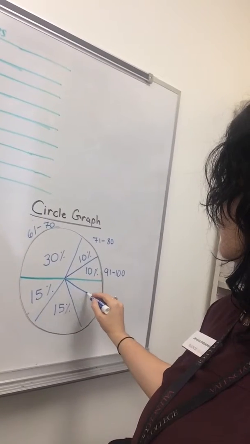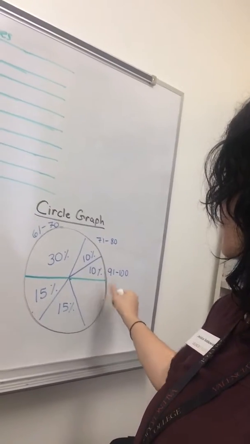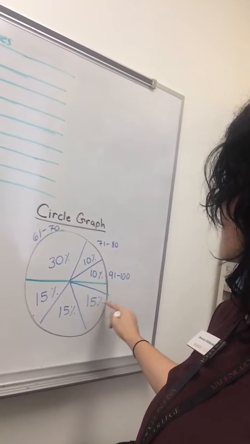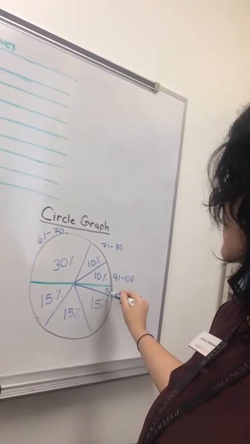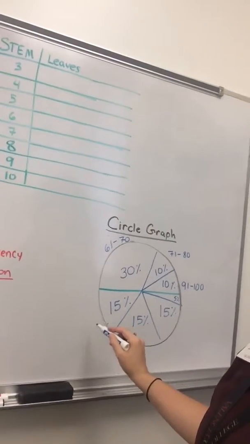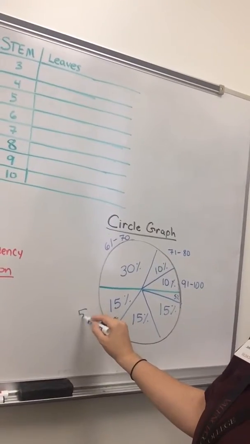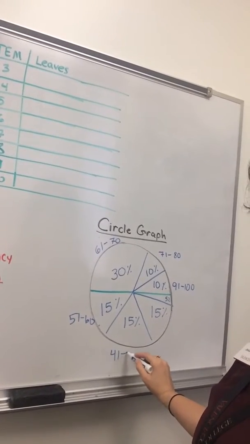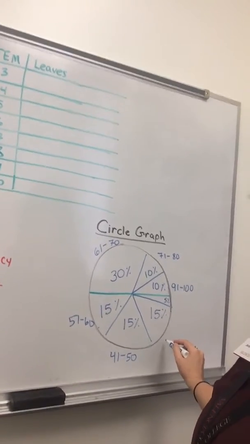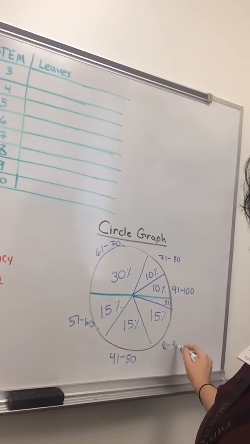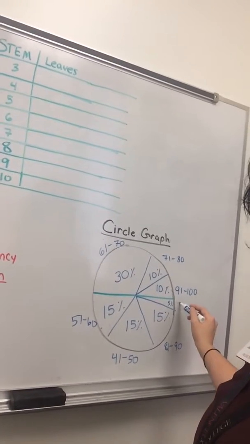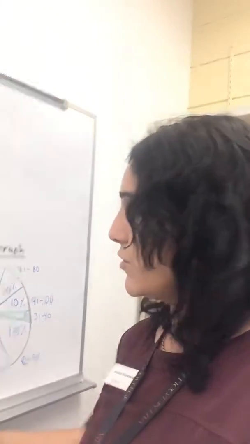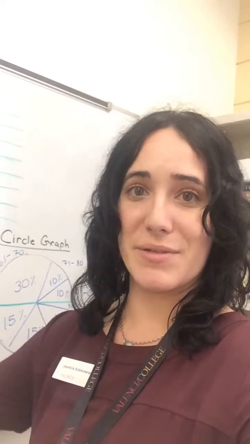And then a little bit left over. Maybe it's a little much, but we're eyeballing it, so it's difficult. Maybe more like that. It's another 15%, leaving us with our 5% here. So each of these 15% would be our 51 to 60 class, then maybe our 41 to 50 class, and then, of course, our 81 to 90 class. Our 5% was the 31 to 40 class. So that's a rough idea of how we could get a circle graph. You can be much more precise using a protractor and a compass.